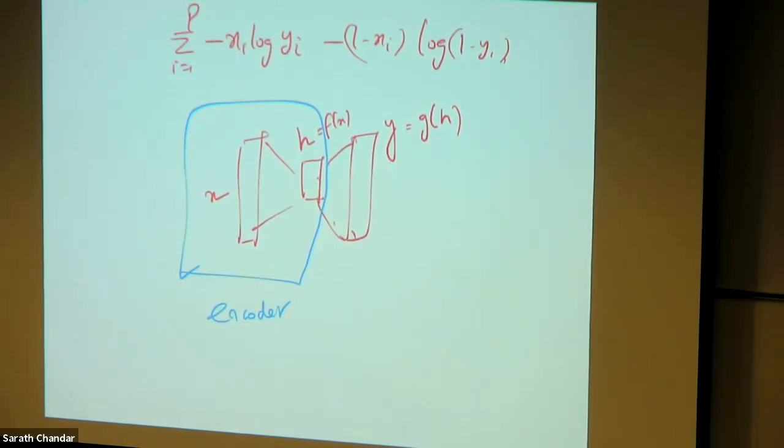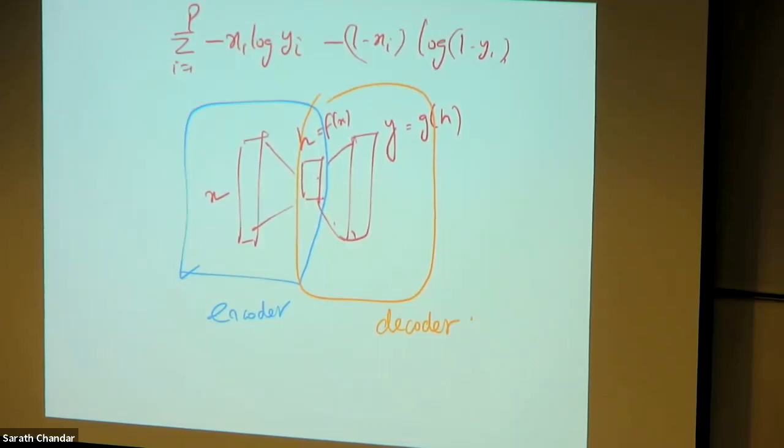Similarly, we can call this part the decoder. Is that clear? Now, an autoencoder is basically an encoder followed by a decoder, which has the same output as the input.